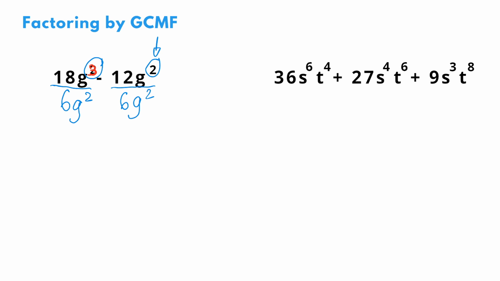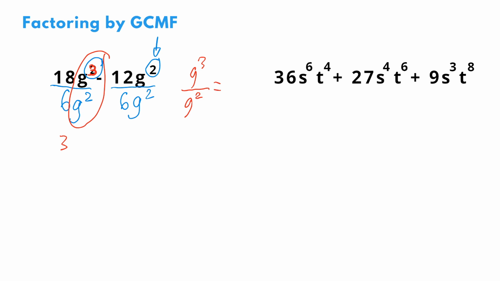Now, let's divide. What is 18 divided by 6? That will give us 3. Now we have g raised to 3 over g raised to 2. Sorry for my g, it looks like 9, but it should be g.